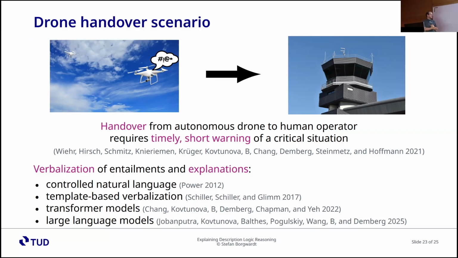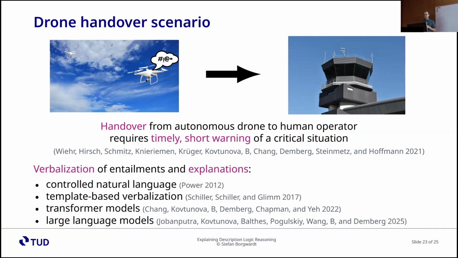Then we started to look into transformer models, and lastly, of course, into large language models to try to communicate these proofs. Yeah, as I showed you some examples earlier, they can be quite large, so we cannot really go through each step in the proofs.